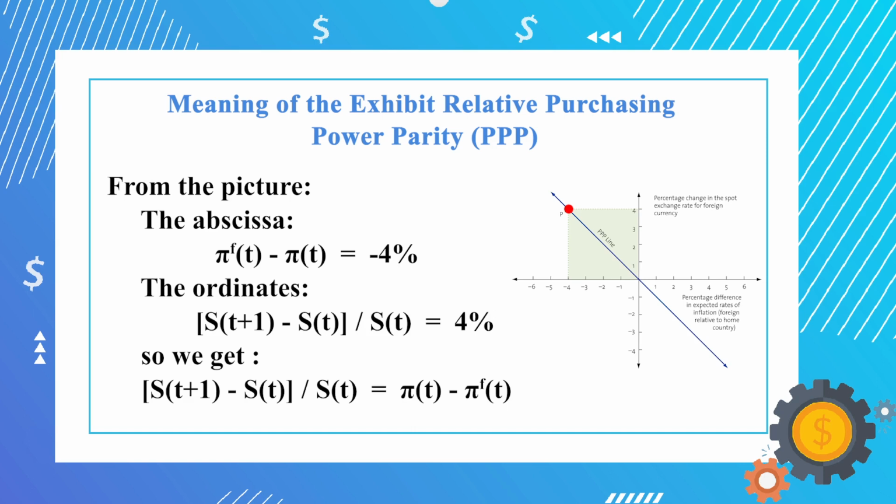The absolute value of the abscissa and the absolute value of the ordinate of P should be the same. So we get (S_T+1 minus S_T) over S_T equals pi_T minus pi_Tf, which is the relative PPP theory.